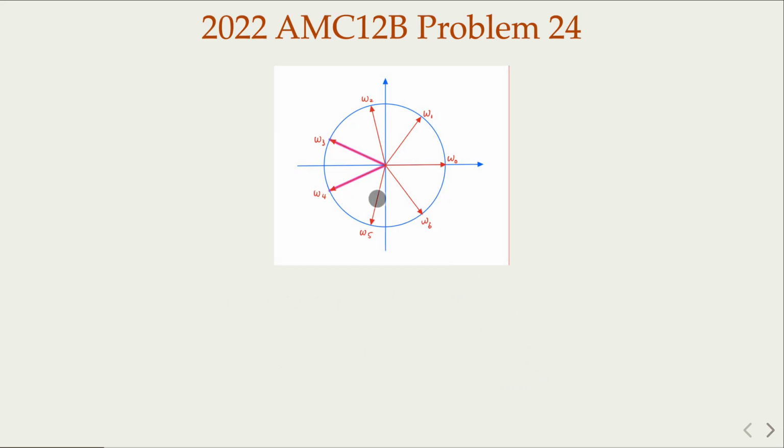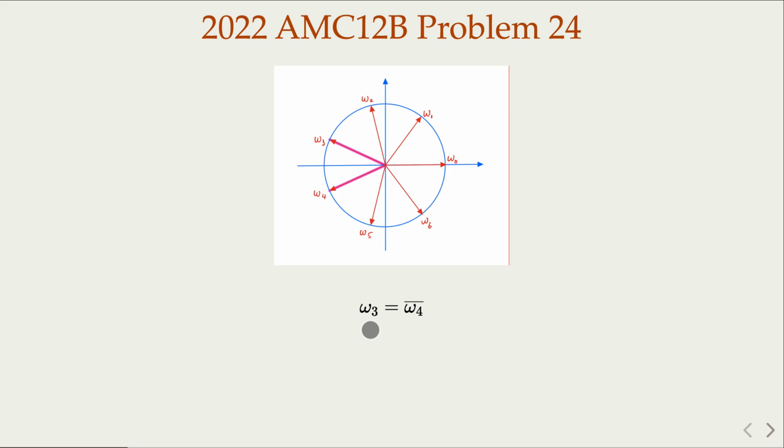Now also it's good to know that omega 3 and 4 are complex conjugates of each other, right? So when you add omega 3 plus omega 4, the imaginary parts cancel, and only the real part is going to add up because it's the same value.